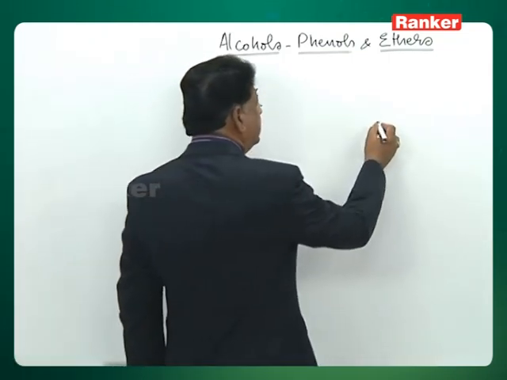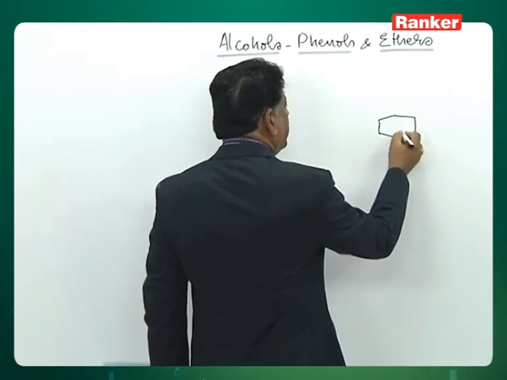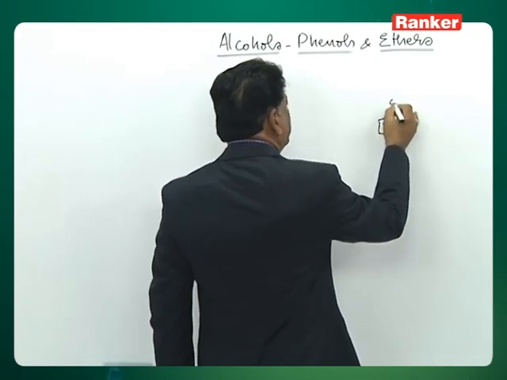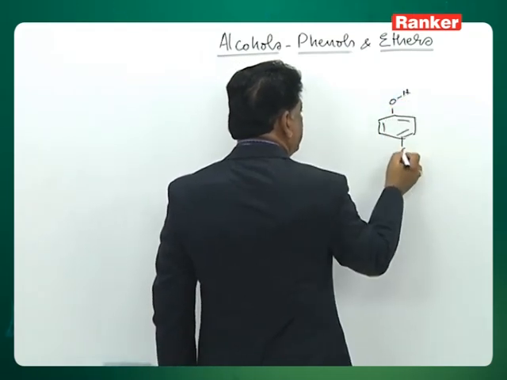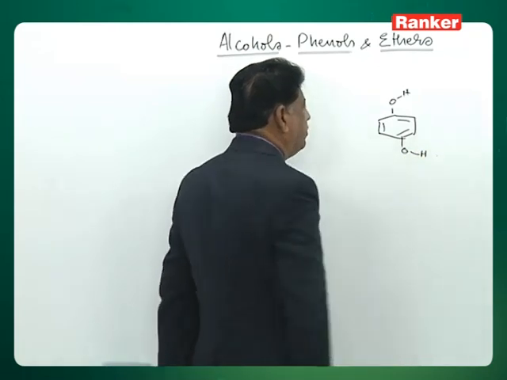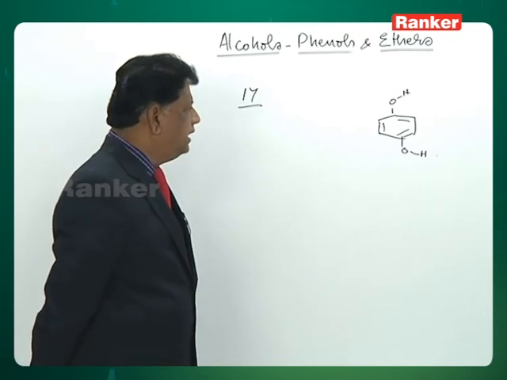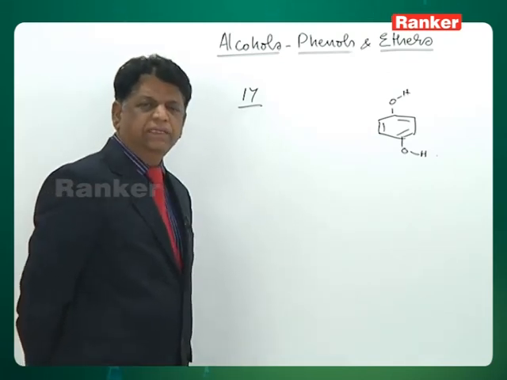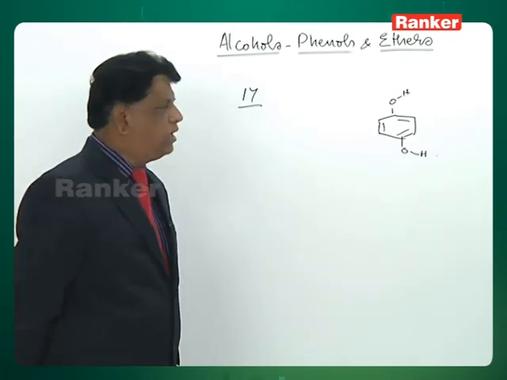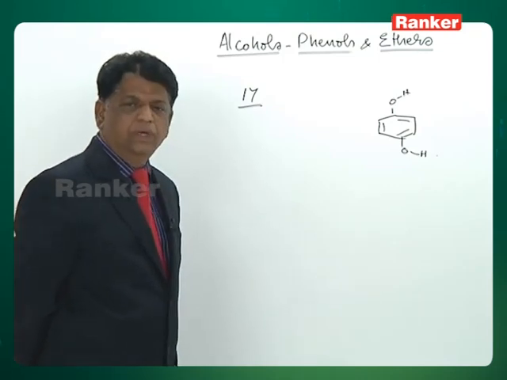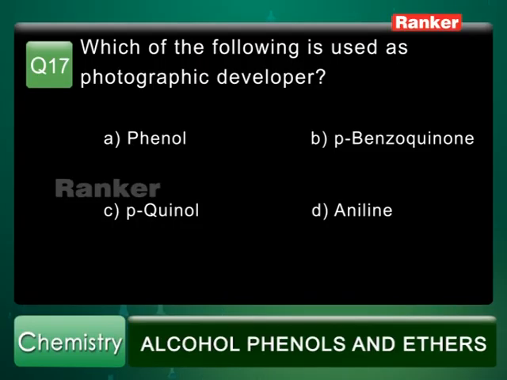A quinol is nothing but the reduced form of benzoquinone. The quinol undergoes change to become quinone, and then it is used in the photography reaction. So paraquinol is the one used as a photographic developer. So the answer goes to C.